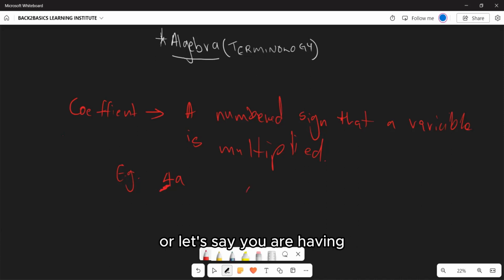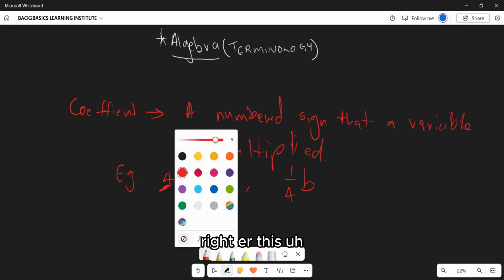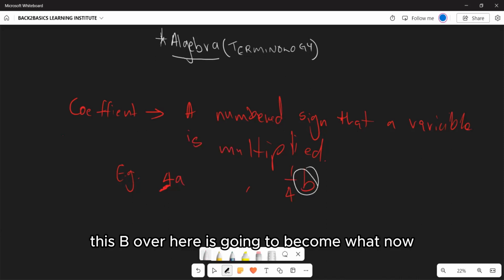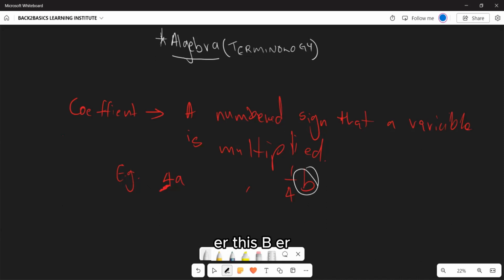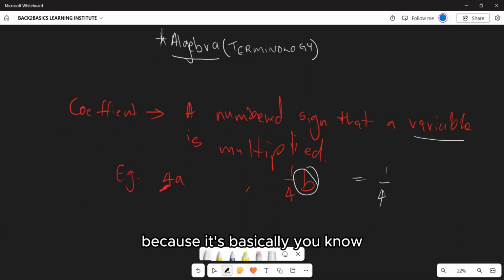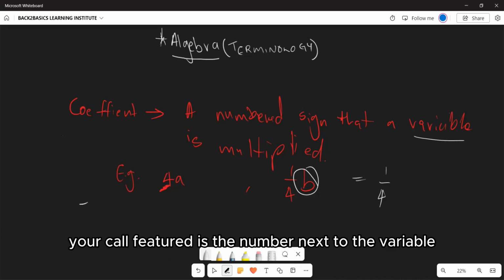Or let's say you have 1 over 4b, right? This b over here is your variable. So therefore this 1 over 4 is going to be your coefficient, because in simple terms, your coefficient is the number next to the variable, right?